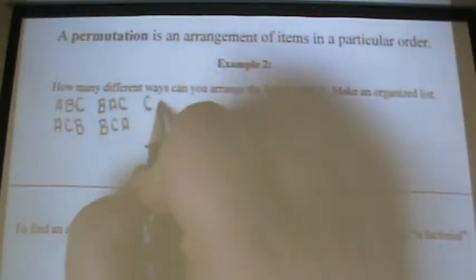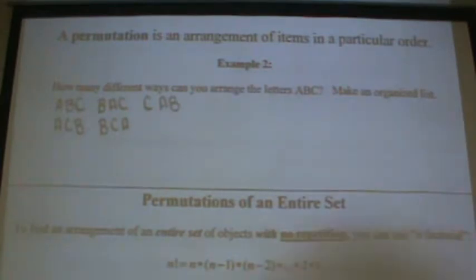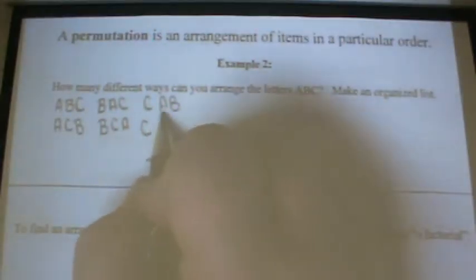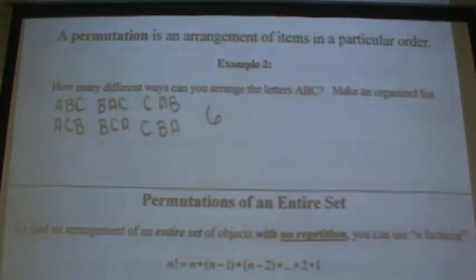We can have B and then swap the A and the C, that's a different arrangement. And then we can start with the C and have AB. And then we can swap the A and the B and have C, B, A. And those are all the possible arrangements of A, B, and C. So we're given that we can arrange it in 6 different ways.